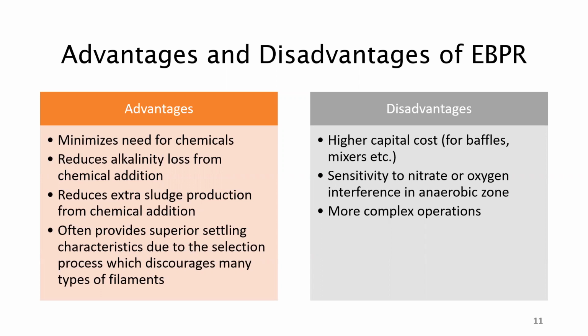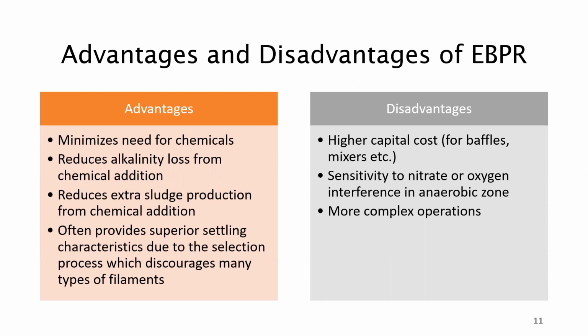The advantages is you're going to reduce the need for chemicals, alkalinity loss, the extra sludge, the cost associated with everything like that. There's also some instances where it can improve the settling. And we'll talk about later, there's some instances where that can also be problematic as well.